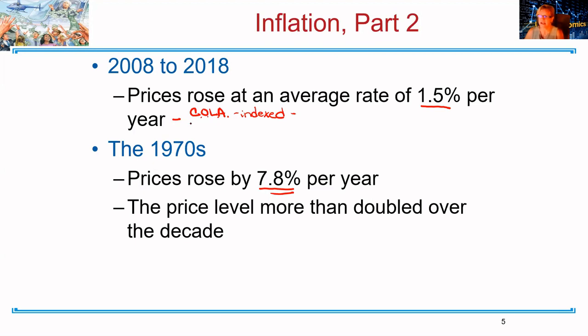People who aren't indexed to inflation. So hourly workers are one that we tend to see are hurt by inflationary periods. So, if you get a raise of 3% because you're doing such a good job, but inflation's running 1.5%, then essentially your wages have only increased 1.5%.